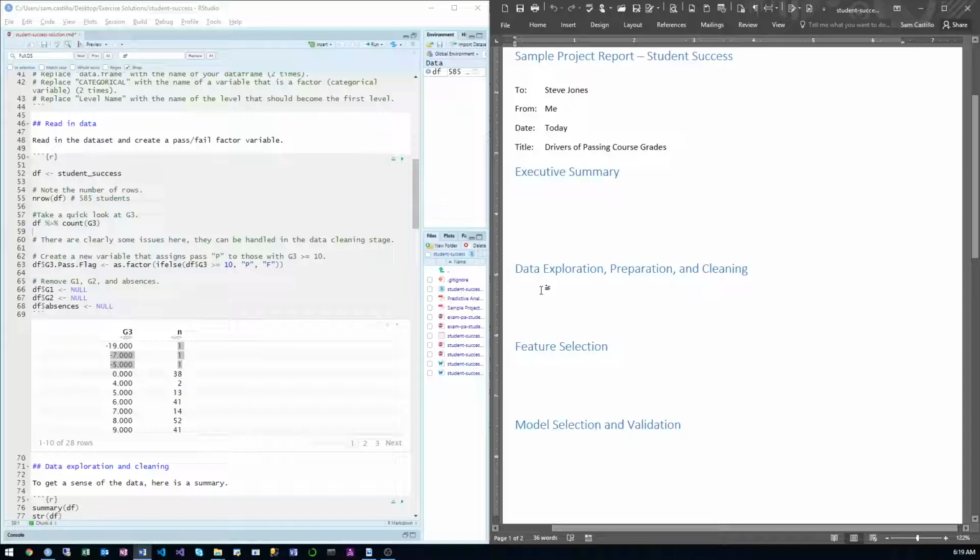So I removed 3 students who had grades in the final trimester that were less than 0.